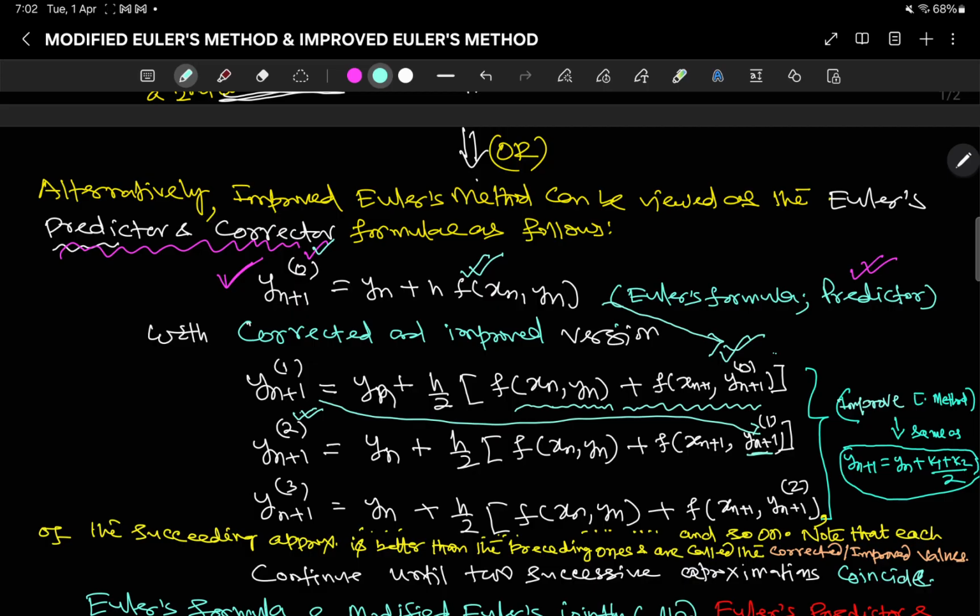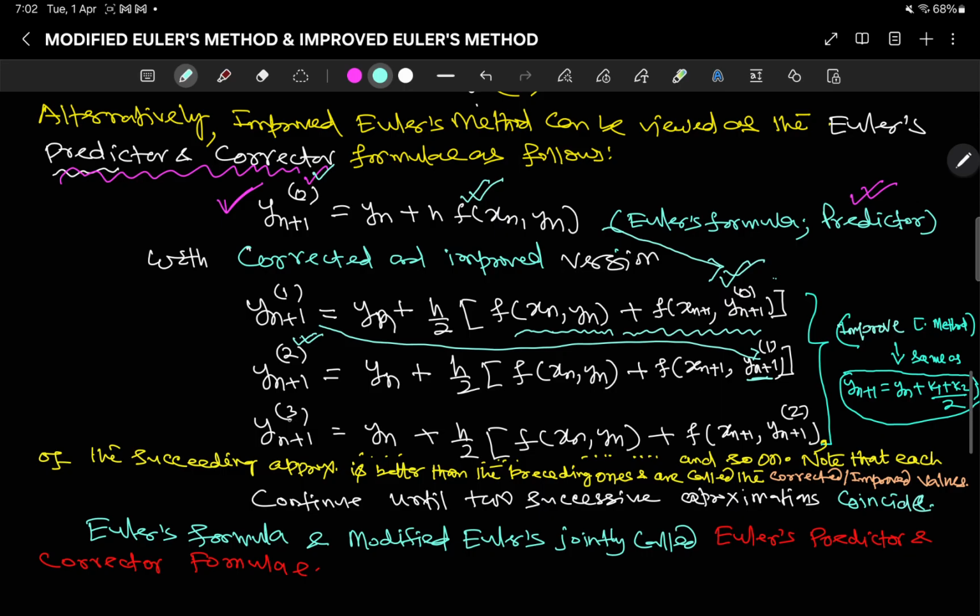At the third iteration I can improve it again, replacing it in the same formula, only improving this, and I continue this process till two consecutive approximations coincide. If this answer coincides with this answer, then I will stop here.